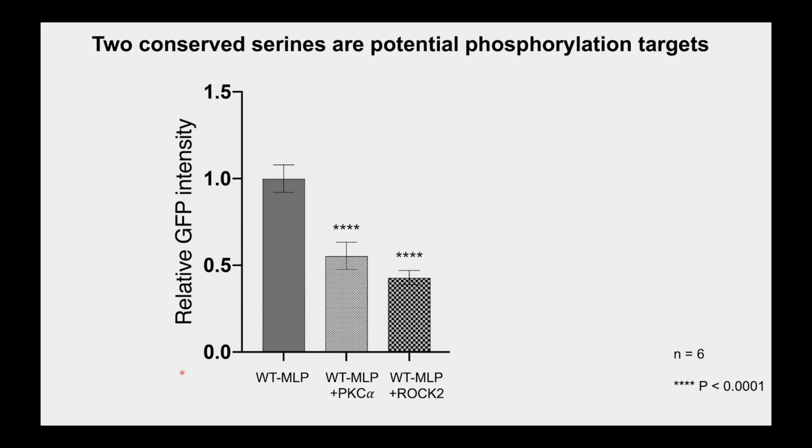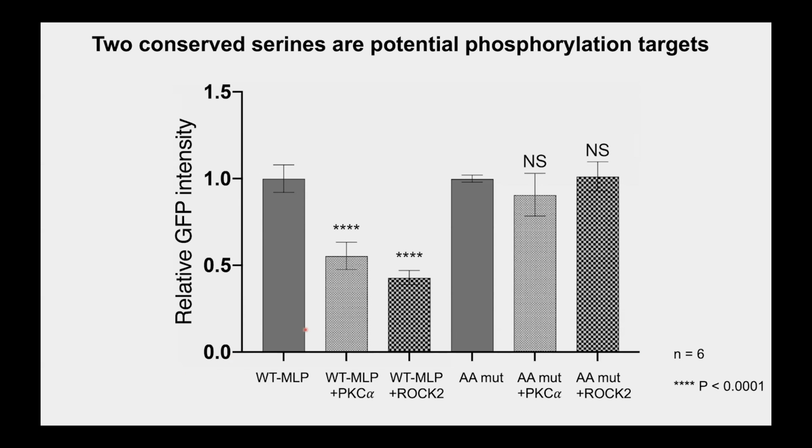When he co-transfects the mutant with these two kinases, he does not see a reduction in the secretion of the AA mutant. So although this is not yet evidence that these two serine sites are the direct target of PKC alpha or ROCK2, it's very suggestive that this could be the case.